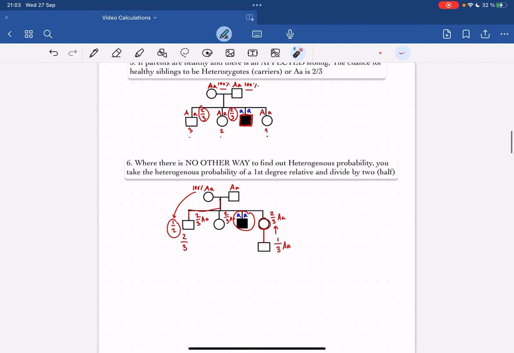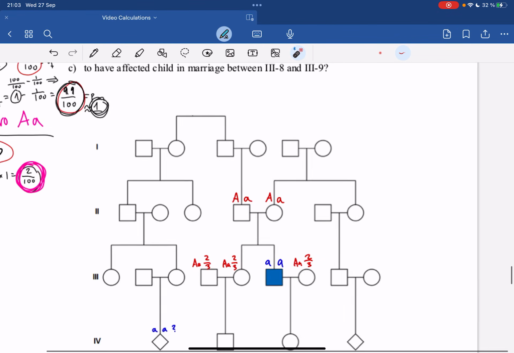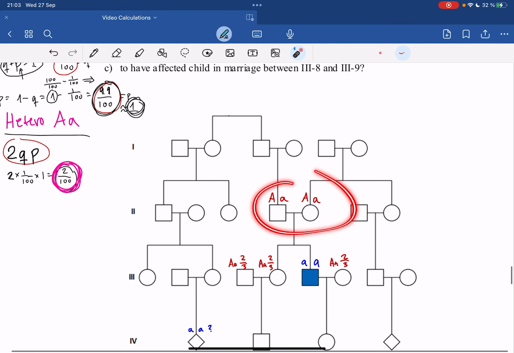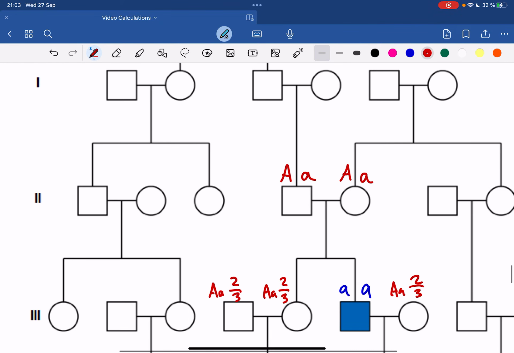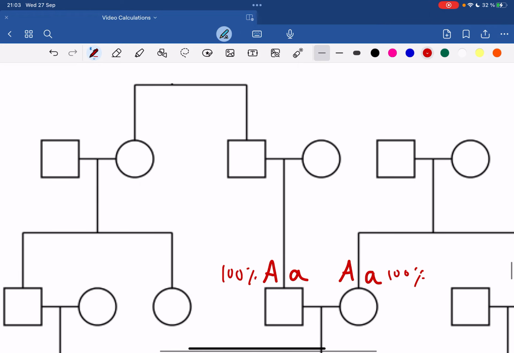Where there is no other way to find out heterozygous probability, you take the heterozygous probability of a first degree relative and divide it by 2, or take half. So if these people are 100% heterozygous because they have an affected child and it's autosomal recessive, then these people have a 1 out of 2 chance because they're first degree relatives.